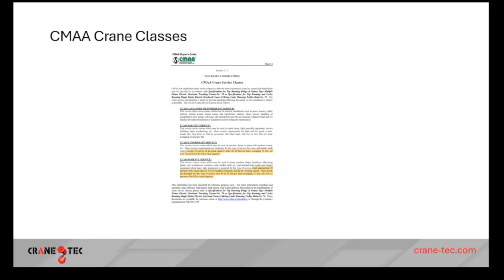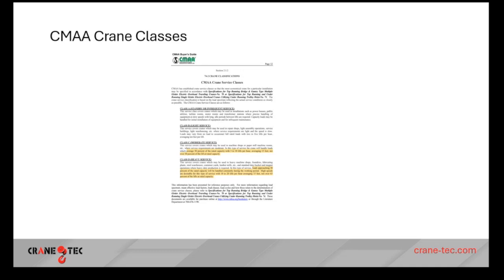Okay. This is the crane manufacturer's specification on and classification of cranes. And basically what we're going to talk about is the Class C and the Class D cranes. Class C cranes are pretty much light duty cranes used in machine shops, paper mills, plastic injection molding facilities.